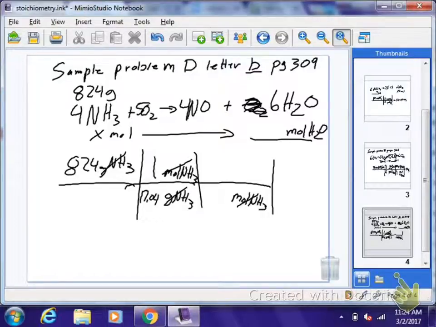So then what goes up here? I want just the units first. Moles of H2O. Then what numbers go in there? 4 and 6.